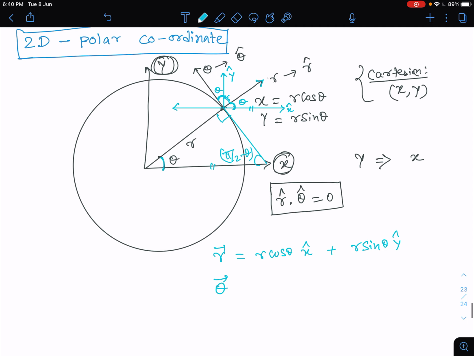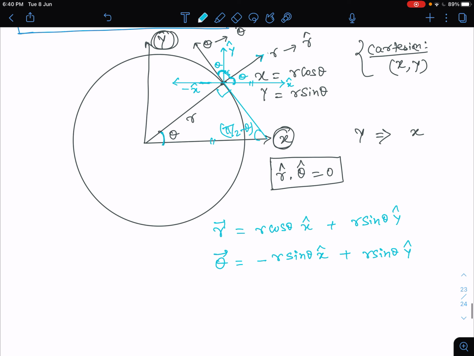This is the minus x direction, so theta cap is minus sin theta x cap plus cos theta y cap, right?